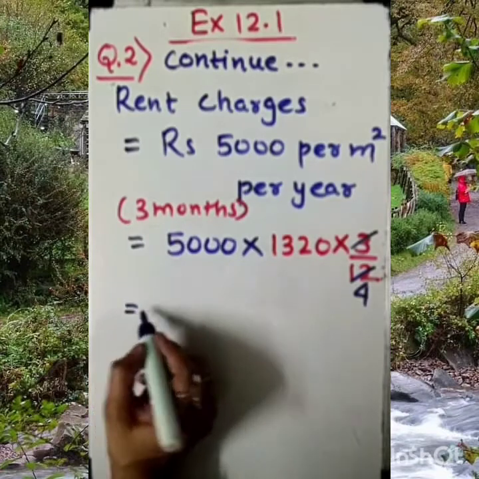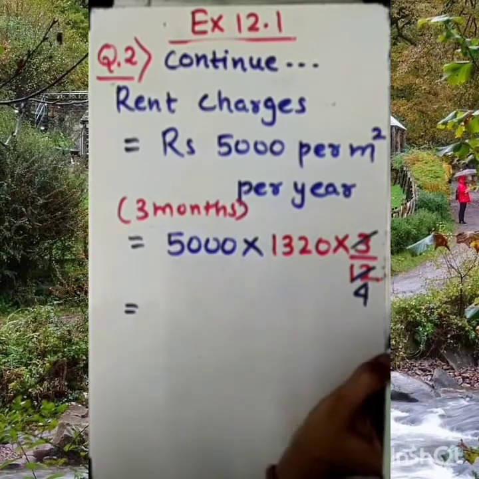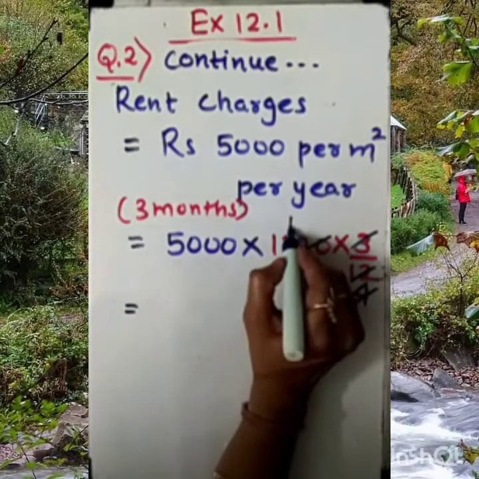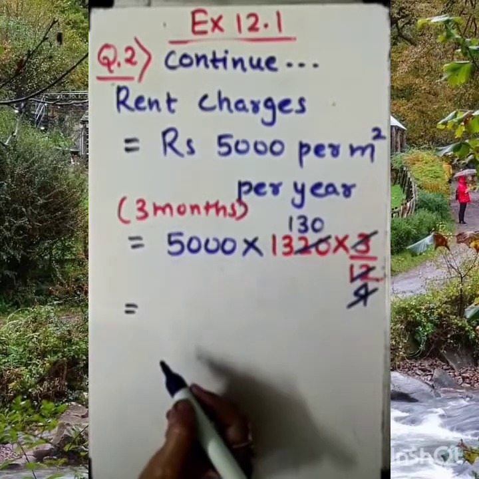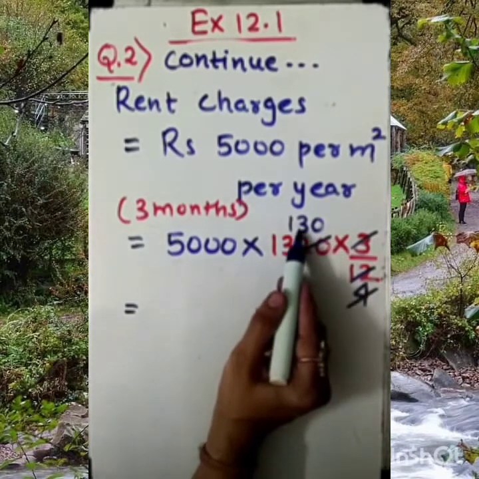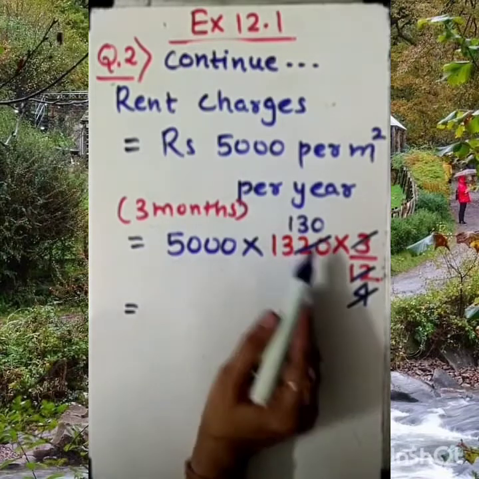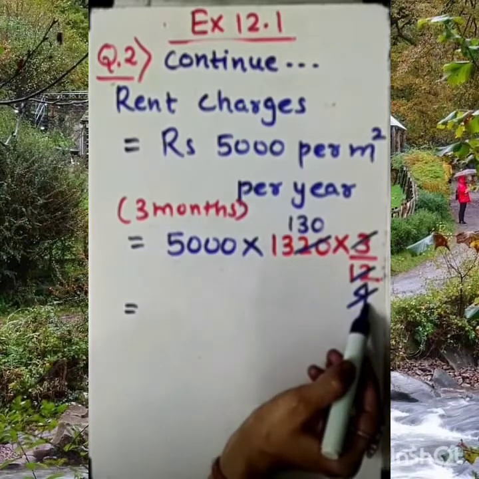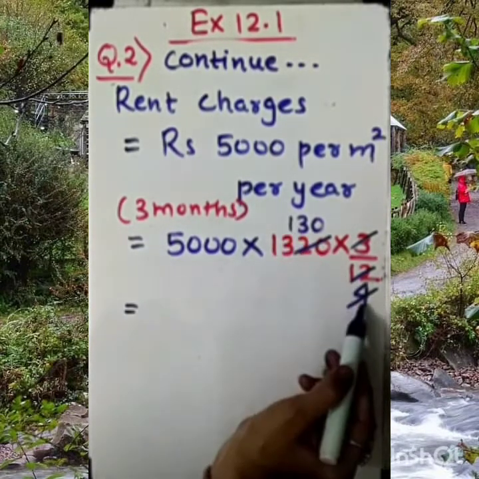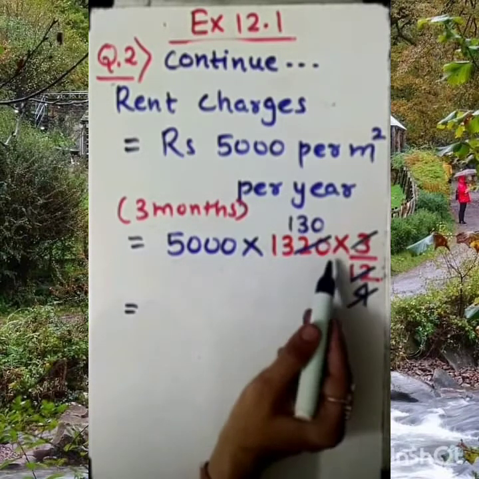If I ask you to simplify this, what do we have here? Let me check it again. 4 ones are 4, 4 threes are 12, and this 0. Okay, it's correct.